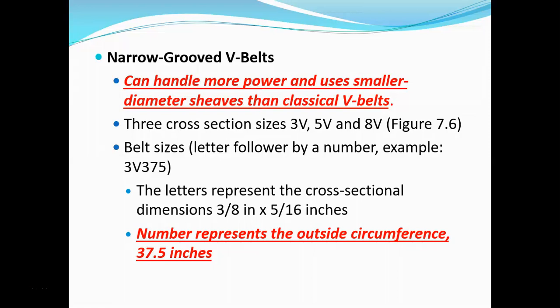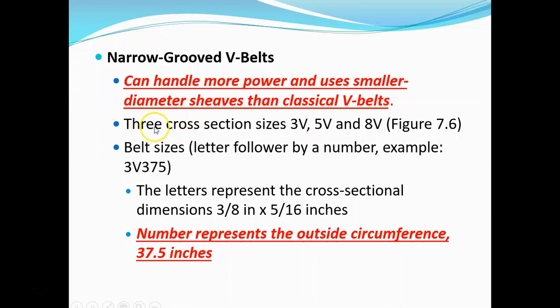So the narrow groove V-belts, because of the way they're designed and sized, can handle more power and they use smaller diameter sheaves than the classical V-belts. So these are a little newer generation, although the classical V-belts are still used in a wide range of industrial applications.